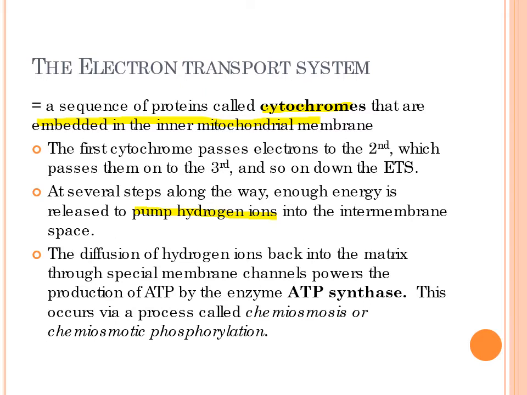In the last step, those hydrogen ions diffuse back into the matrix through membrane channels that are the enzyme ATP synthase. As the hydrogen ions rush back in through a process called chemiosmosis, the positivity comes across into the negative side, and that releases a ton of energy.